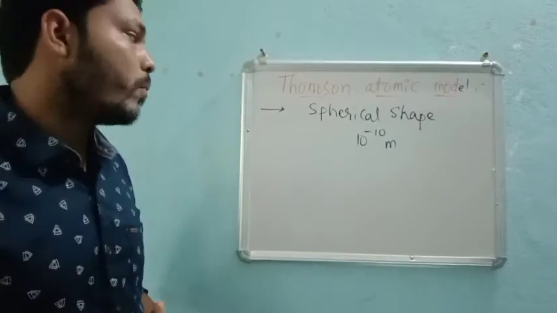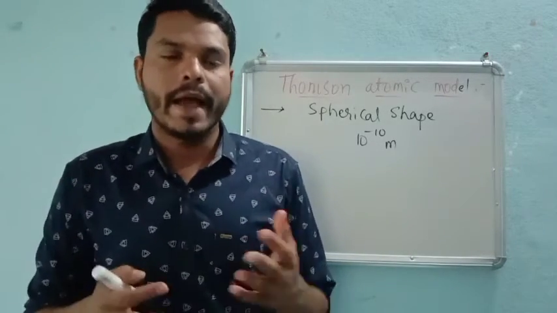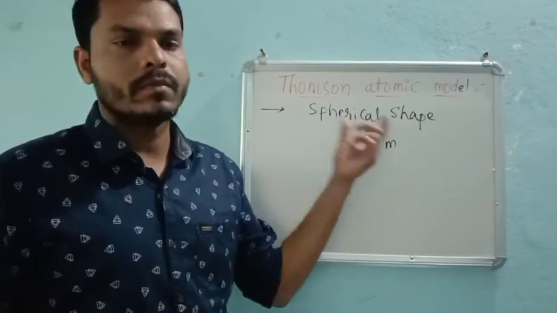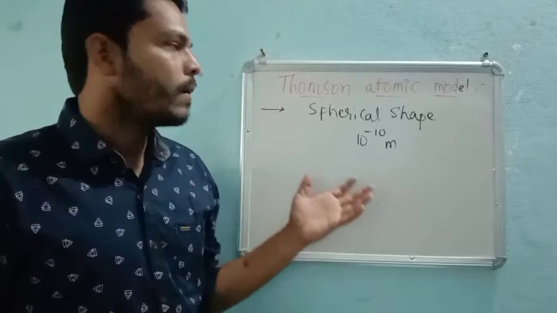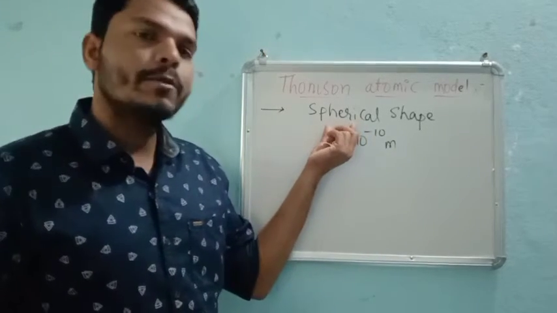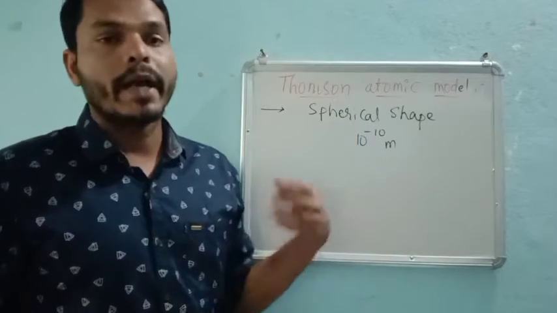Just his ideas, he gave some assumptions. So, the atom may be spherical and its radius is 10 raised to minus 10 meter.